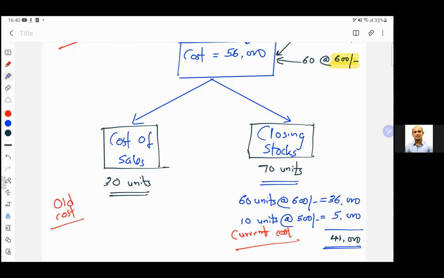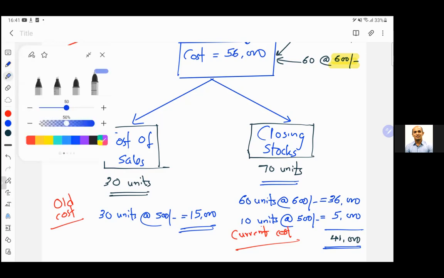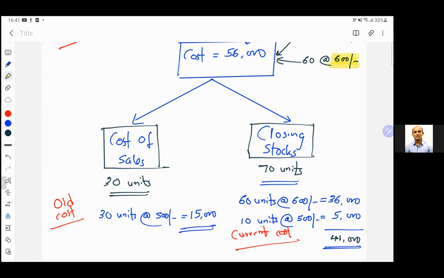Then 30 units at 500, cost of sales is 15,000. 15,000 plus 41,000, you get cost of goods available for sale, 56,000.